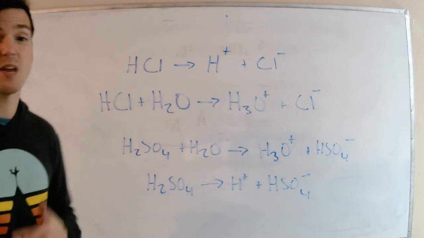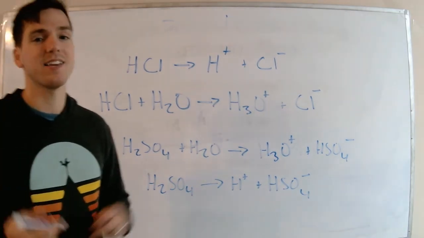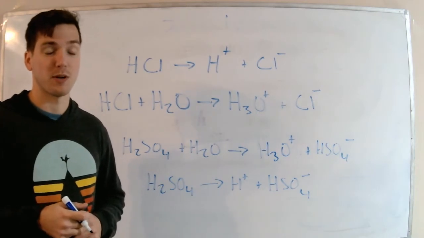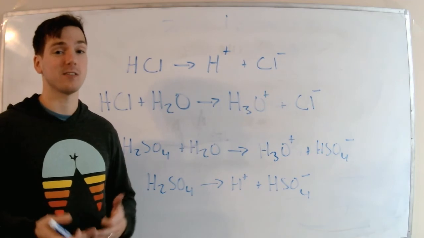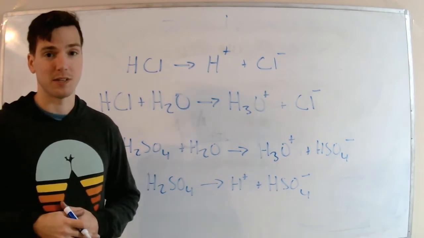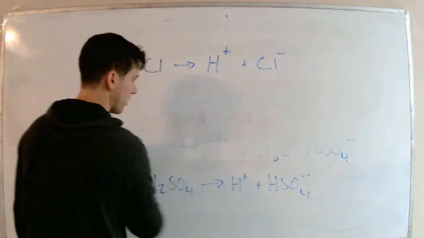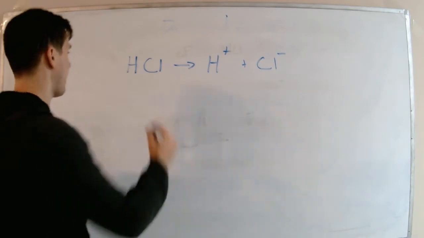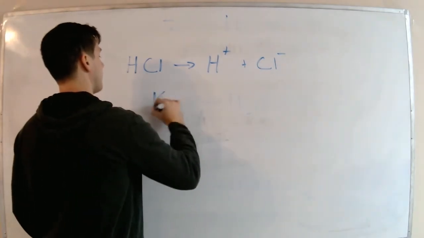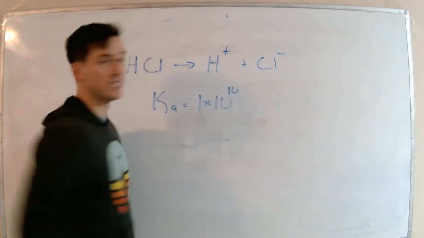So let's go ahead and write the Ka for these. What is Ka? Ka is just like our equilibrium expression of Keq or Kc or Kp. Ka tells us how much something dissociates. So if we are going to go ahead and once again look at this, it might have a Ka of say 1 times 10 to the 10th.